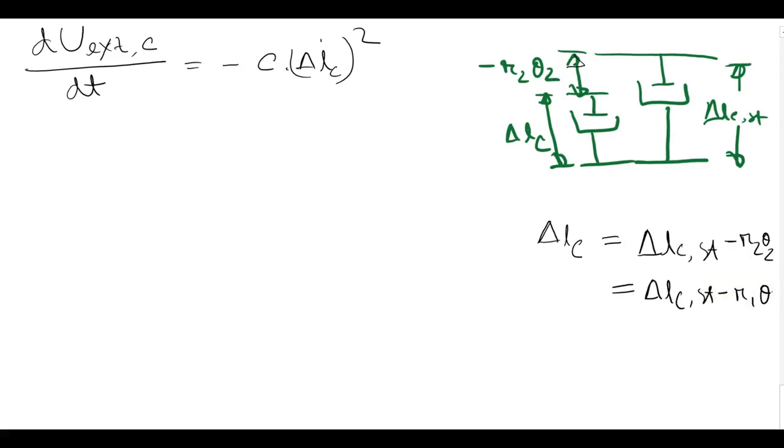Now we want the derivative of the deflection of the damper, so we take the derivative of it, which becomes R1 theta dot. So now let's replace this value into the equation, which becomes negative C R1 squared theta dot squared.